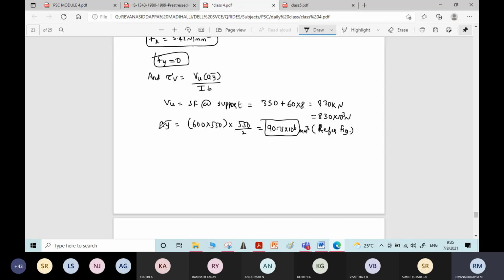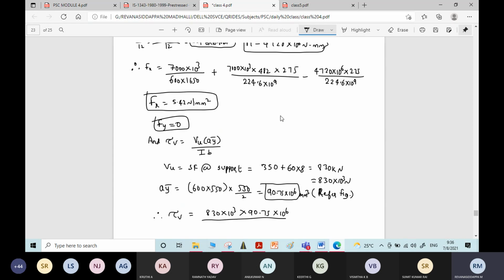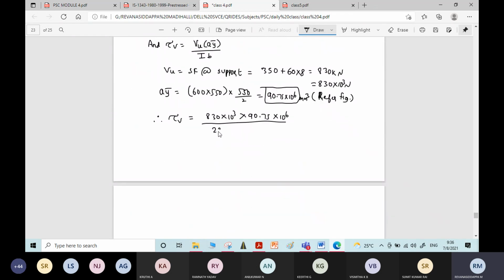Then moment of inertia is known, width of beam is known, just substitute, you will get tau v. Therefore, tau v is equal to Vu, 830 into 10 power 3, into A y bar 90.75 into 10 power 6, all divided by moment of inertia 224.6 into 10 power 9 into 600, which is the width of beam.